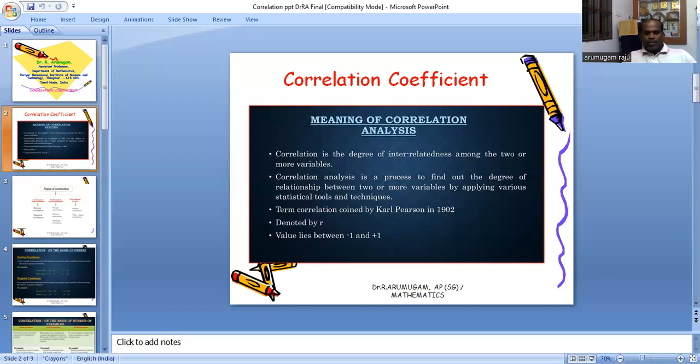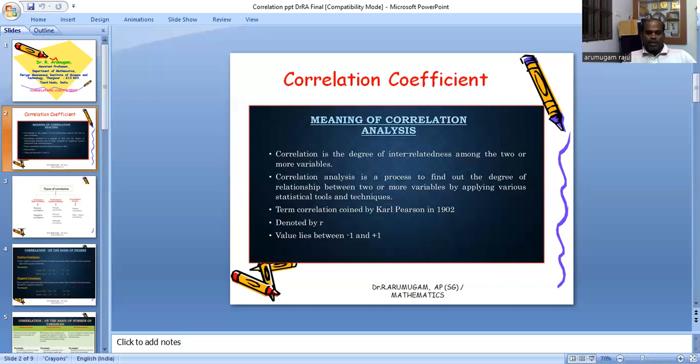Positive correlation means that if one variable is increasing and the corresponding other variable is also increasing, the given correlation is said to be positive. Both x and y are in the same direction.